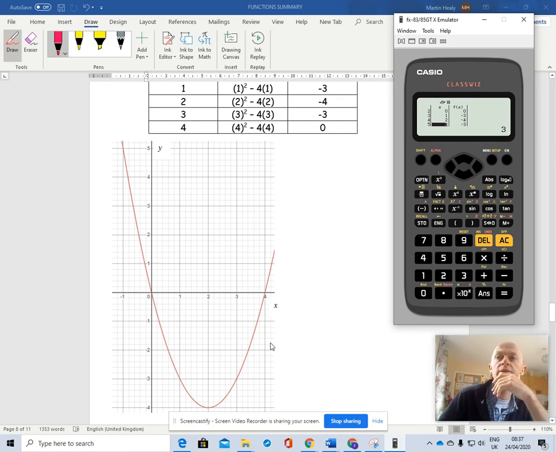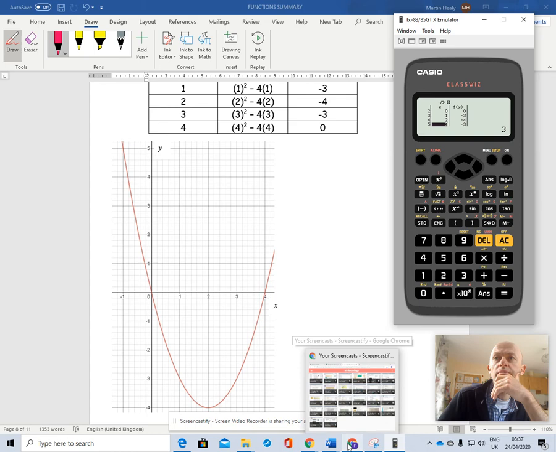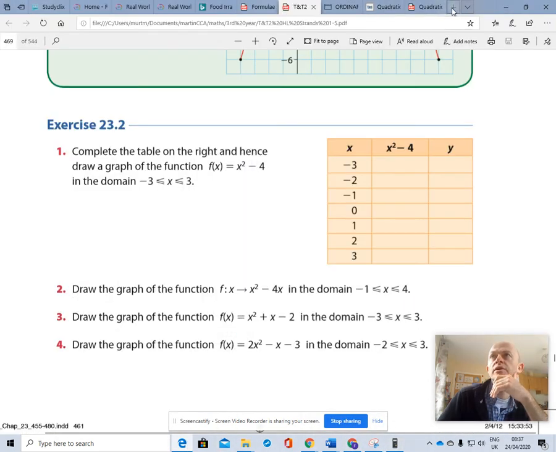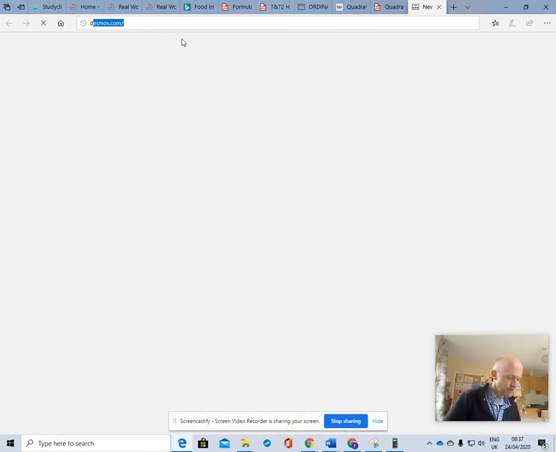Afterwards you can check them on desmos.com, which is this here. I'm just going to type it in there.